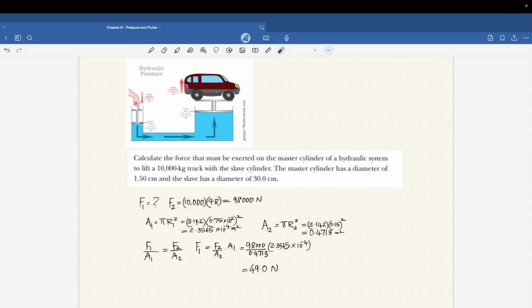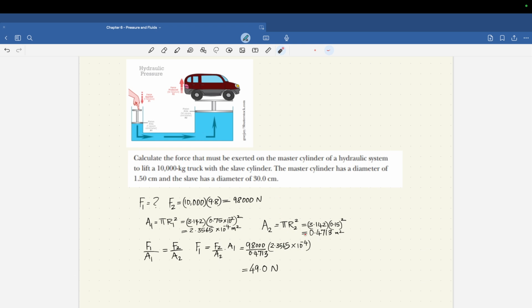So you can do it in your own way, but you have to square both these numbers. When I square this, you get 10 to the negative 4. See that? So that is the area of the smaller one.